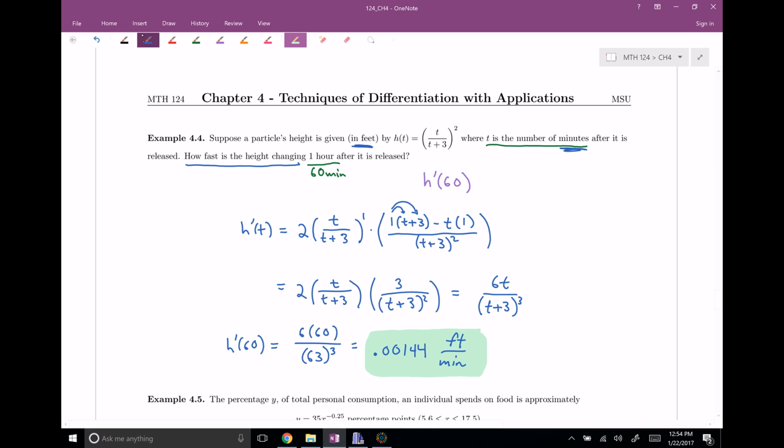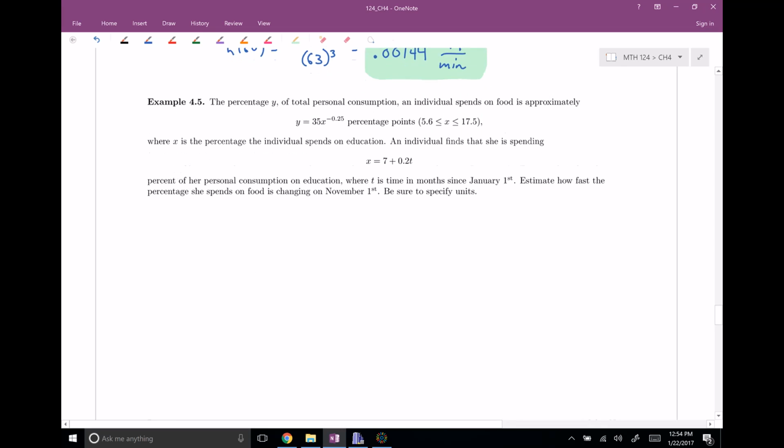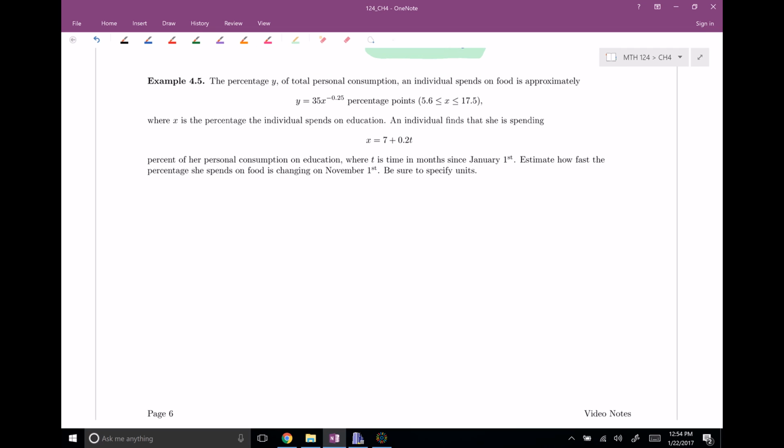All right. So you can see we're going to get pretty fast at these things. Let's do one more here, a more real-world example. 4.5, the percentage, y, of a total personal consumption, so how much your total spending is, of an individual spends on food is approximately y equals 35x to the negative 0.25 percentage points.